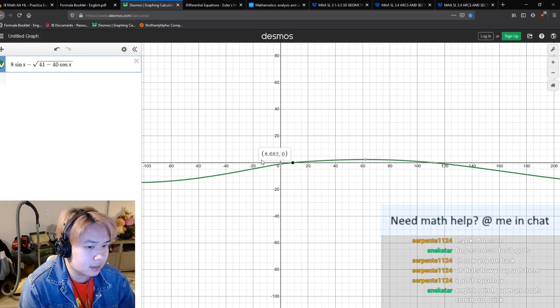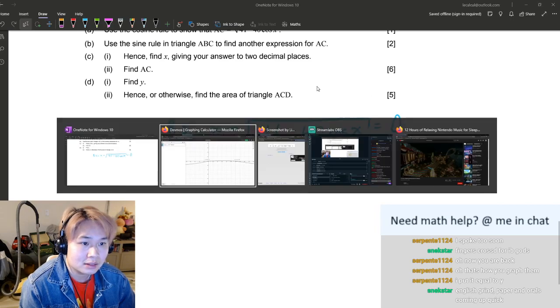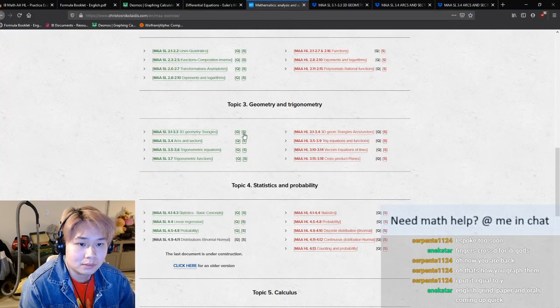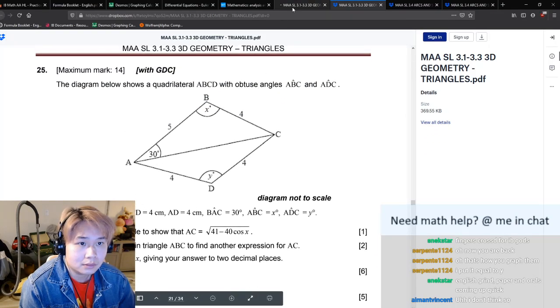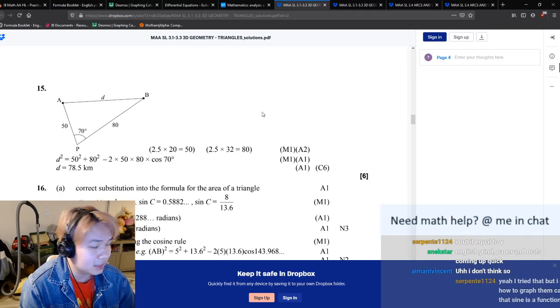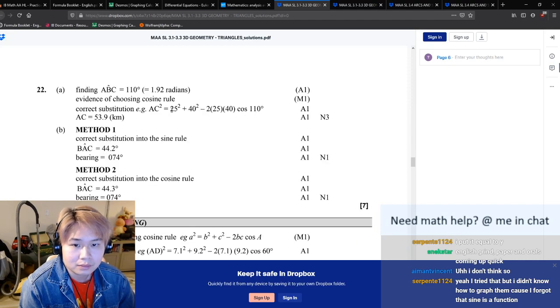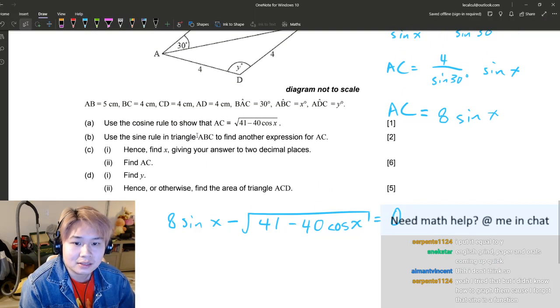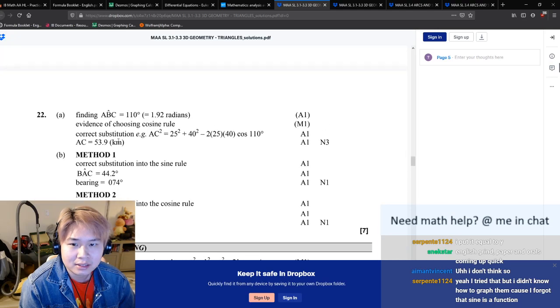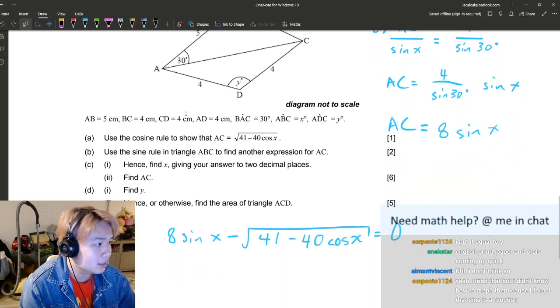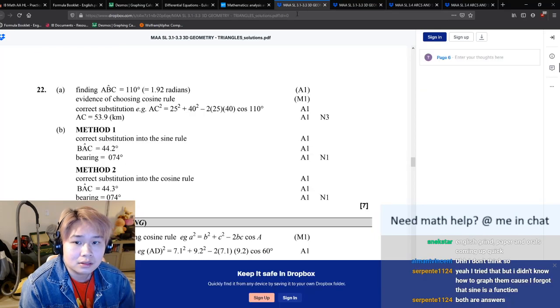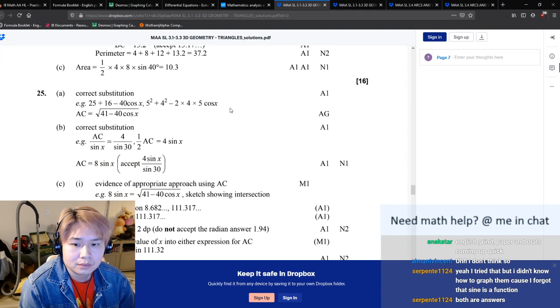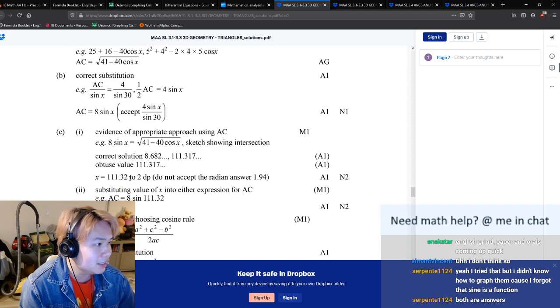So then here you go. Is this the answer? 8.6 degrees? Or maybe it's 101 degrees? Don't think so? Oh wait, that's X. Wait, this is question 25. Wait, 111.32.